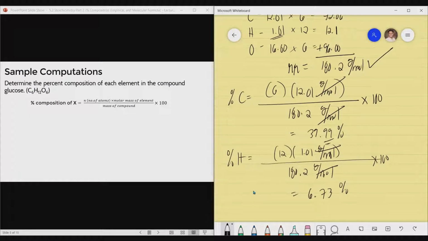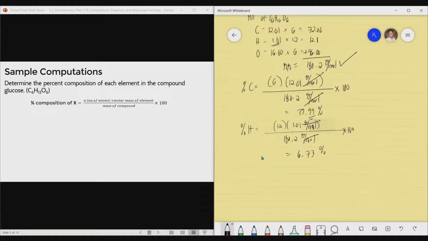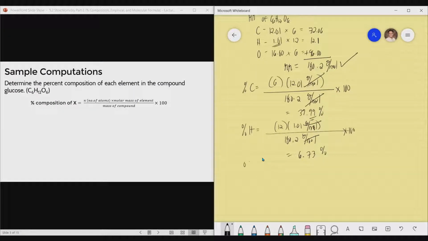Now, last but not the least, let me continue with percent oxygen. Same procedure, multiplying with its subscript. My subscript is 6. So 6 times the molar mass of the element, 16.00 grams per mole, all over 180.2 grams per mole, times 100.